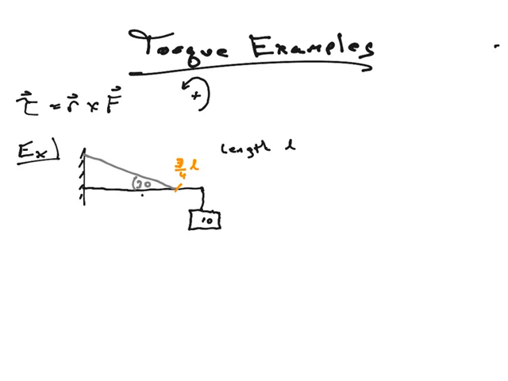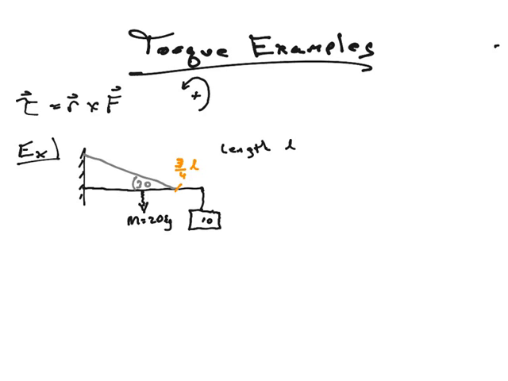Finally, the pole itself will have a mass. Let the mass of the pole be, let's say, 20 kilograms. This is a situation. You have a pole sticking out of the wall. It's anchored into the wall.